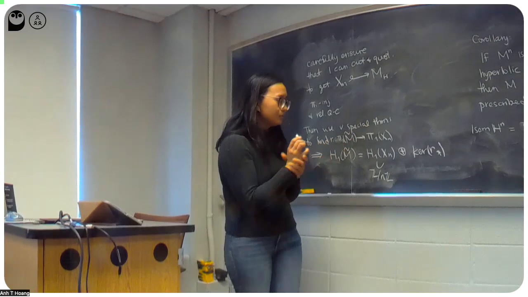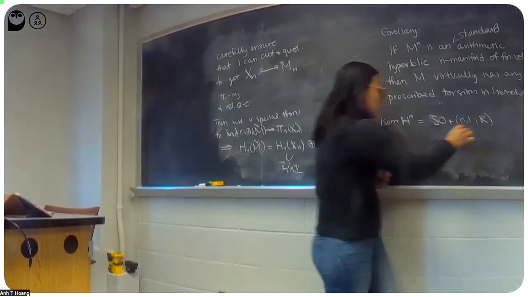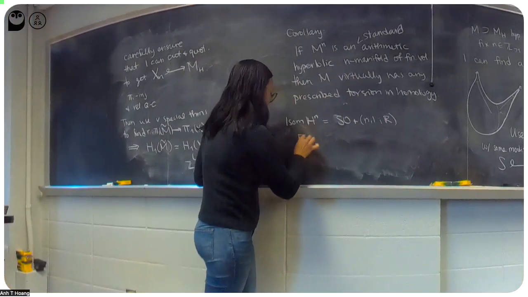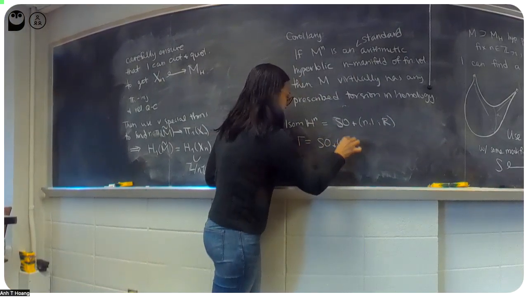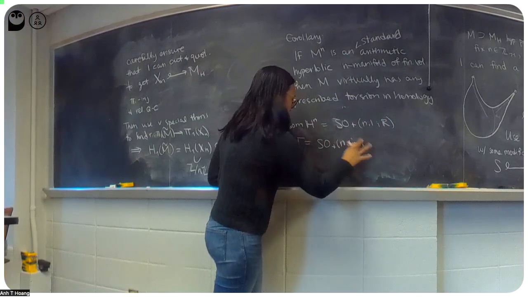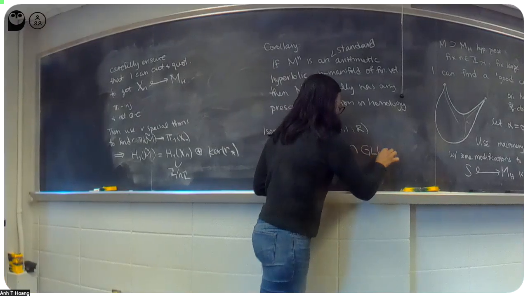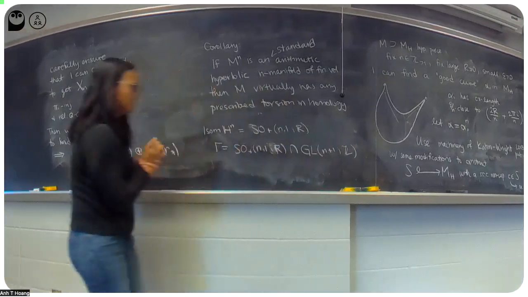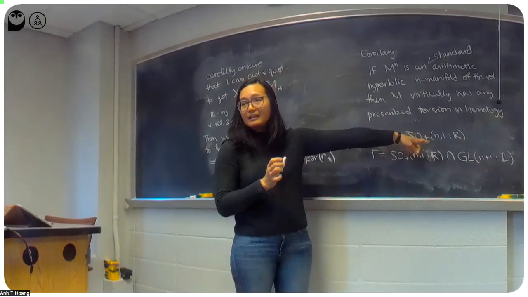And if you take this group, and take Gamma to be the intersection with the matrices GL(n+1) with integer coefficients, for example, this group is a discrete subgroup in here, and it has finite covolume.